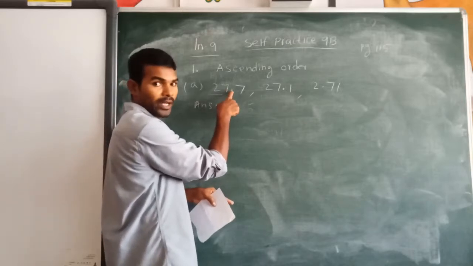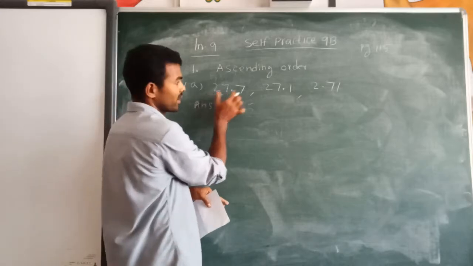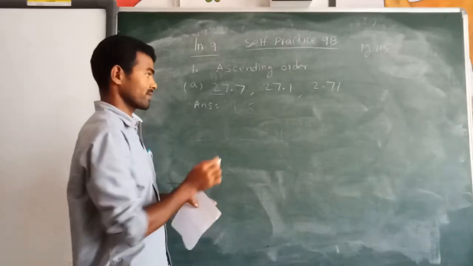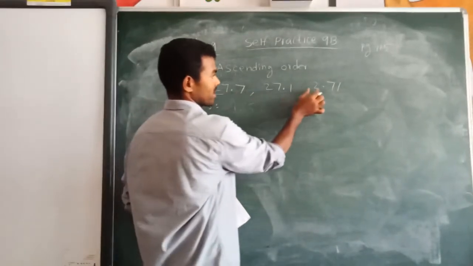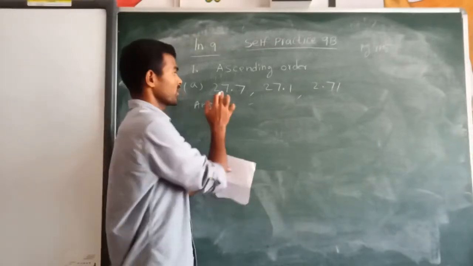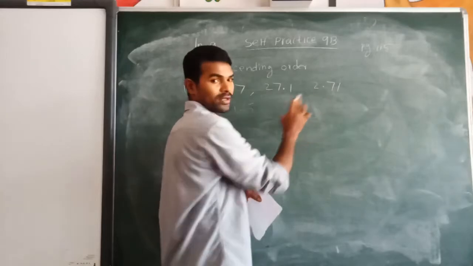Here it is 27, here 27, here 2. Let us compare 27, 27, 2. Which is the smallest number? 27 is big, and the small number is 2.